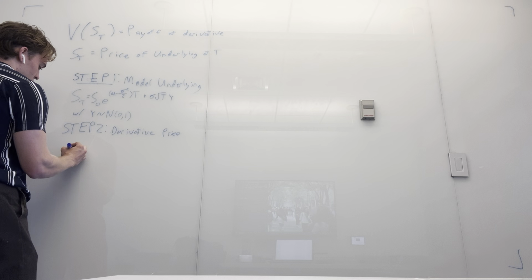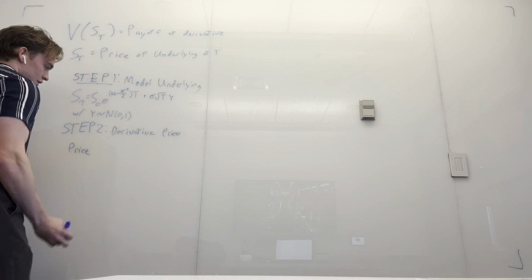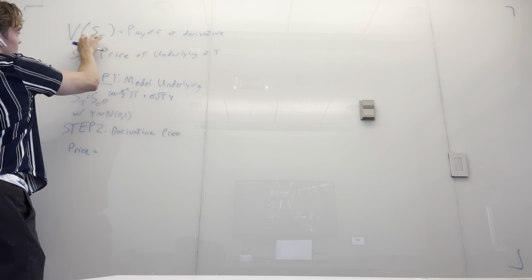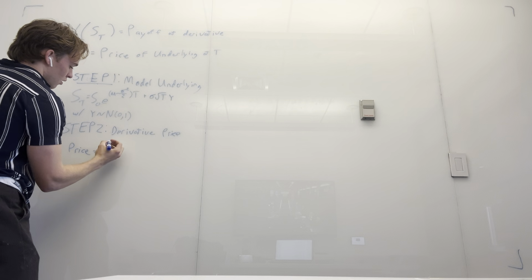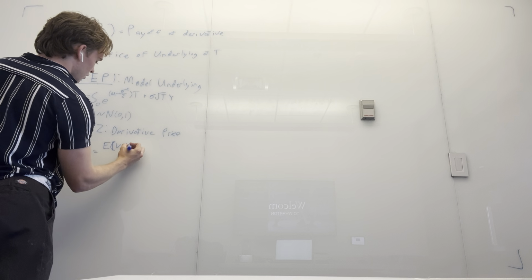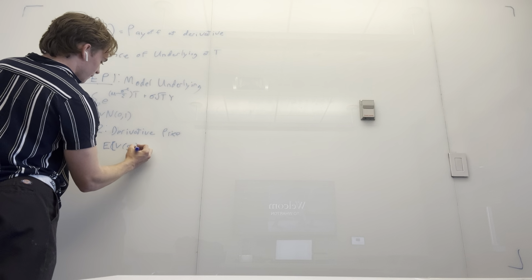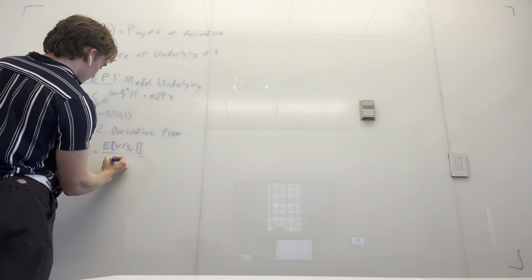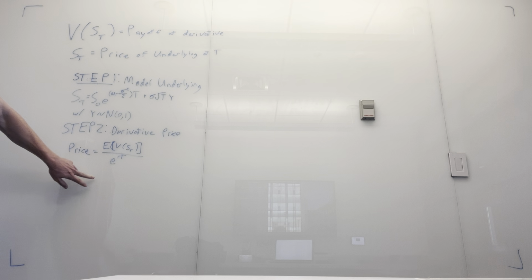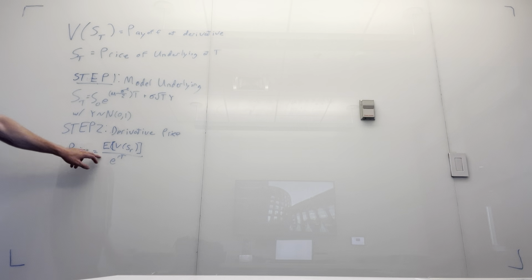So our price is going to be, remember, our payoff at some time, so that's going to be E of V of ST over e to the RT. e to the RT is us taking whatever time the payout will occur and weighting it backwards via present value to get the present day value of this asset.